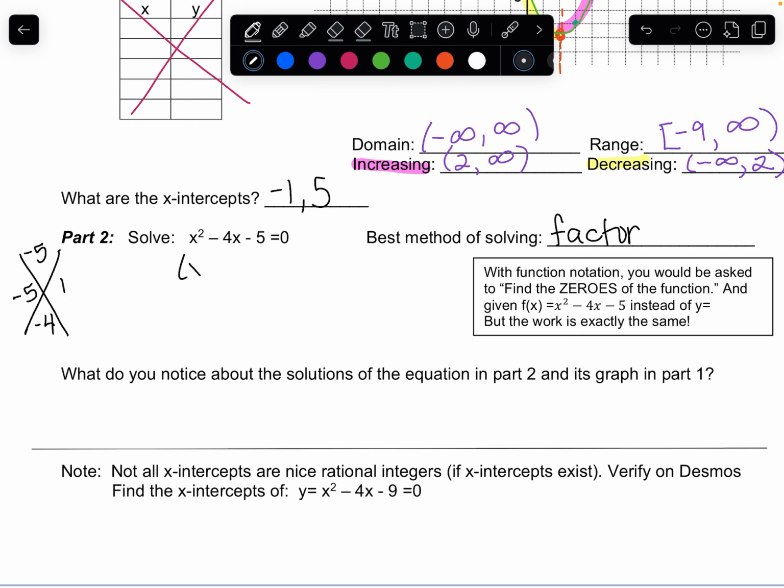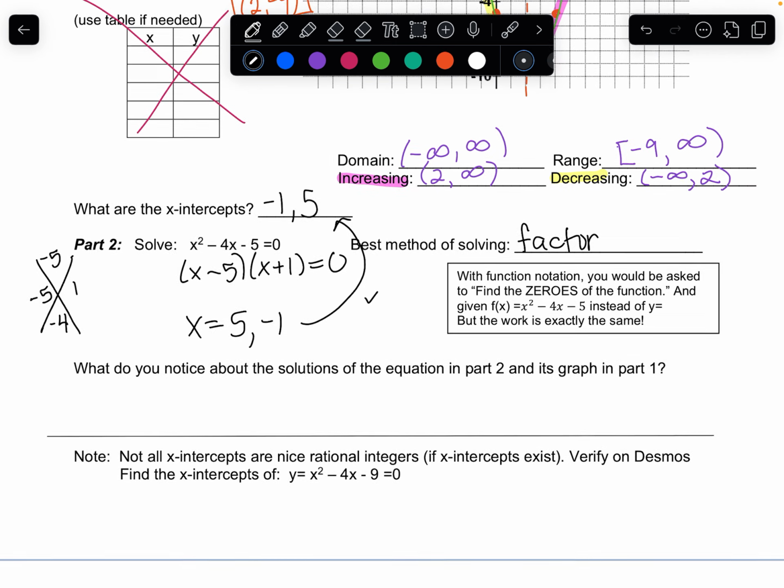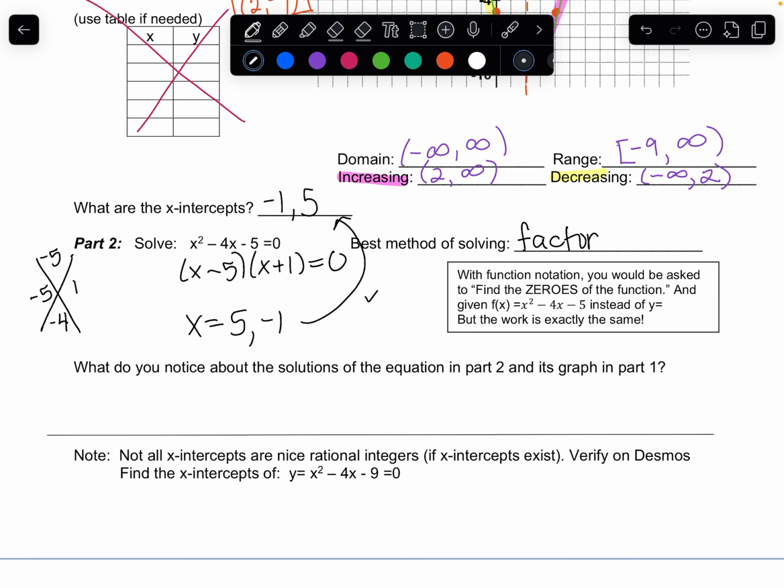And so what we get is x minus 5, x plus 1 equals 0, and so x equals +5 and -1. Oh, look at that. And so with function notation, you would be asked to find the zeros of the function, and given f of x equals x squared minus 4x minus 5 instead of y equals, but they work in the exact same way.